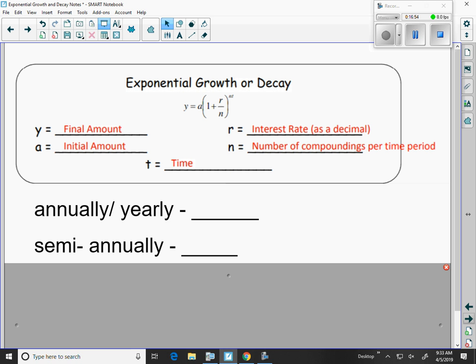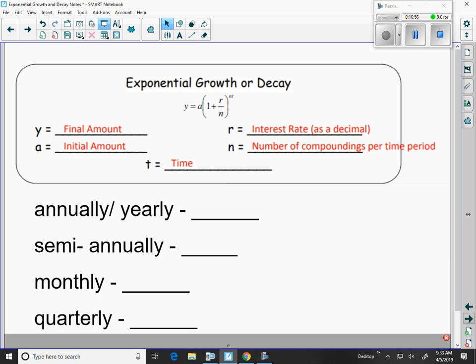Before we do the questions, you might want to write these down, maybe on the right-hand side. If it says that it's going to be compounded annually or yearly, how many times would that be in 1 year? It would be once. It's compounded once per year. What do you think semi-annually would be? Twice a year. Monthly, 12.